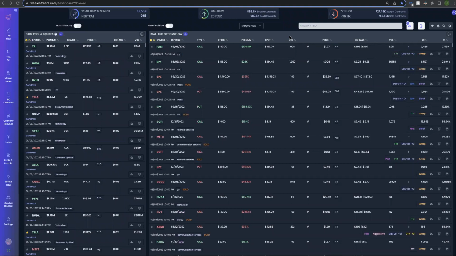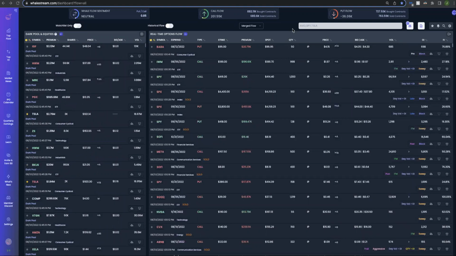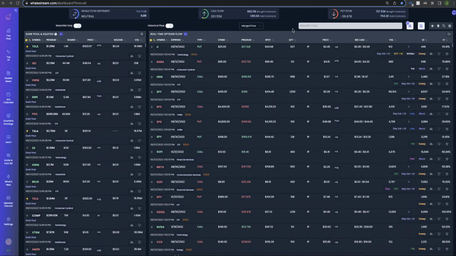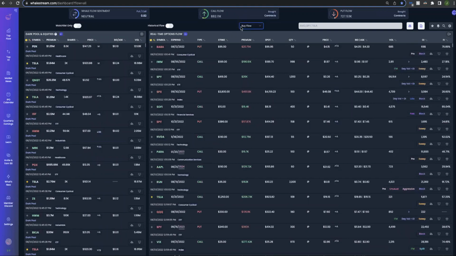Up until recently, we were showing buys and sales separately because a lot of people don't really know what to do when they're looking at the sold puts and calls. A lot of the platforms only show you buy flow, which is what your dashboard would default to. And you'll see all the orders filled on or above the ask or towards the ask side.